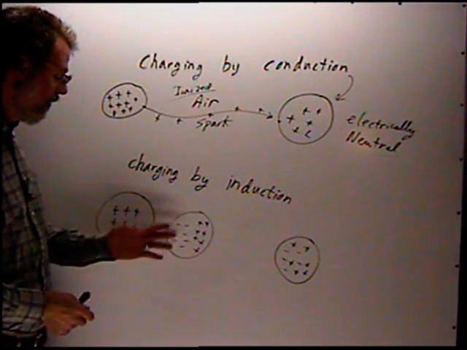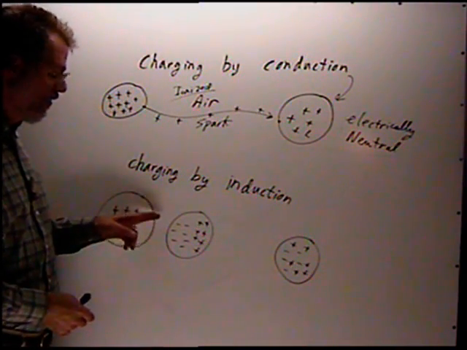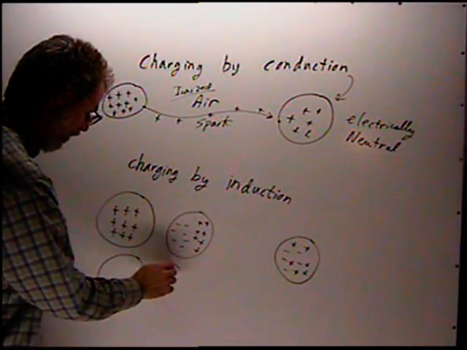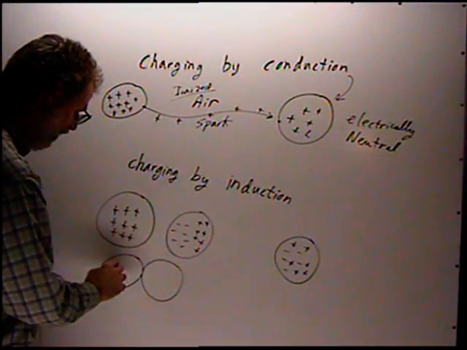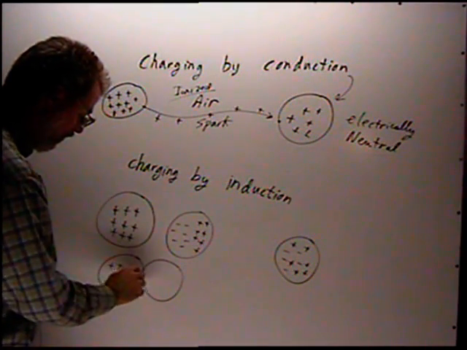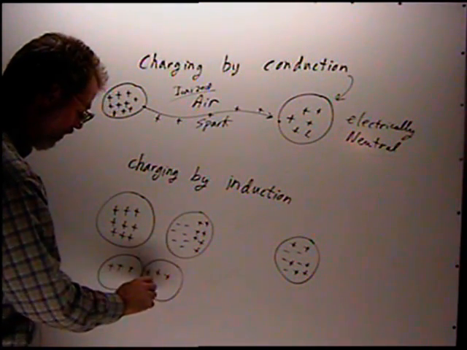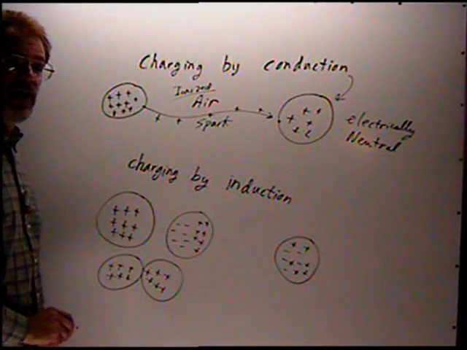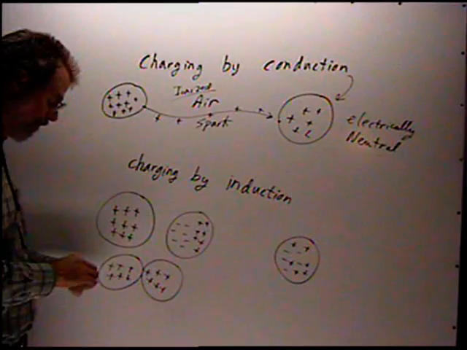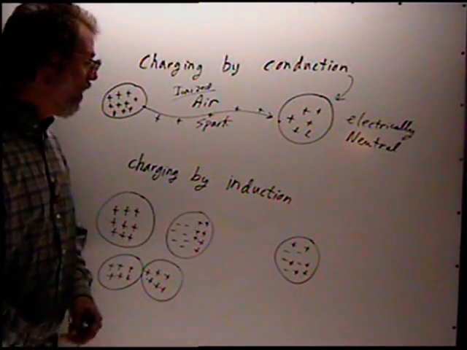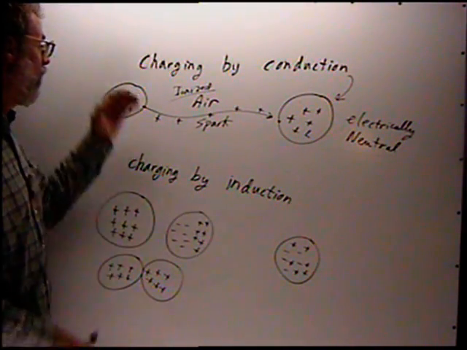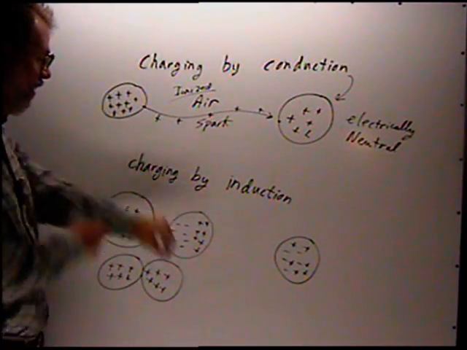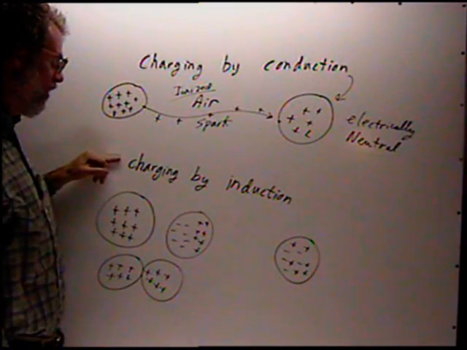But notice there's no contact. Because if we then brought them in contact, what would happen? If we brought them in contact, assuming these are conductors, then the flow of charge would spread throughout uniformly. So we have two kinds of charging, therefore. We have charging by conduction, and then we have charging by induction.